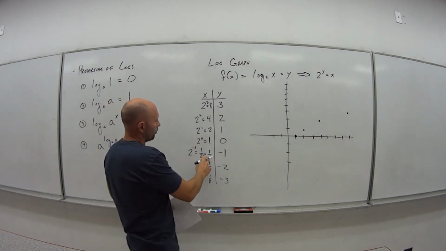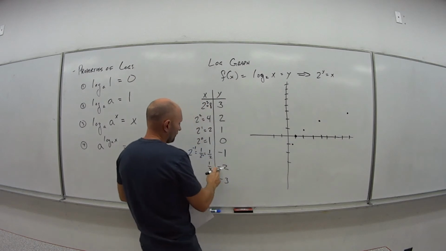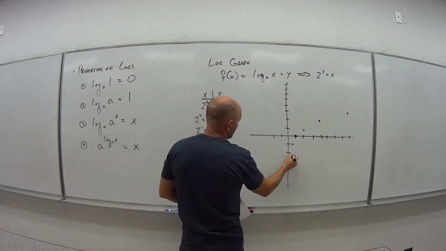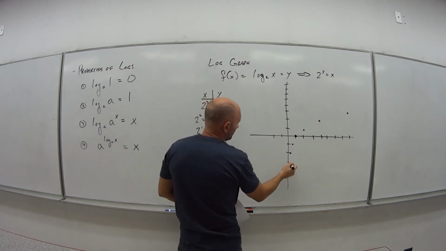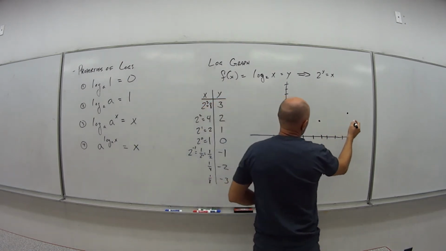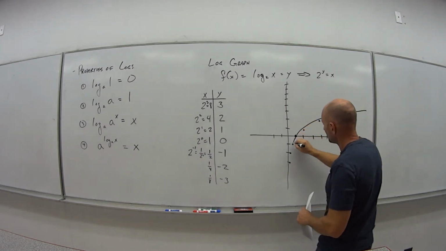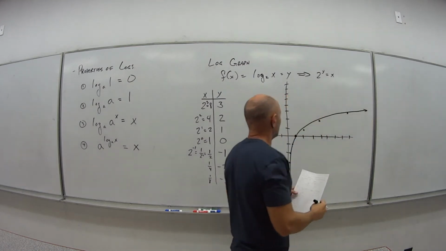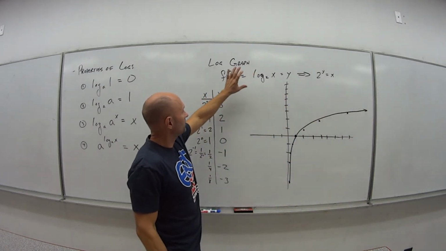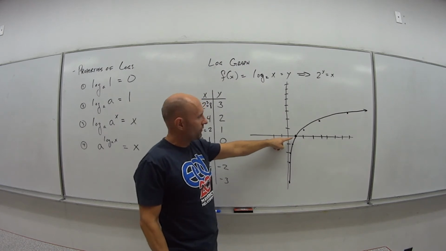And then x is 1/2, y is -1, 1/4, -2, 1/8, -3. So what we end up getting for a log function graph is something that looks like that. If it's the basic log function, it's always going to go through the point 1, 0.